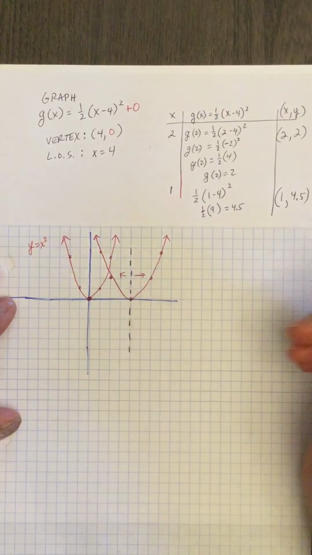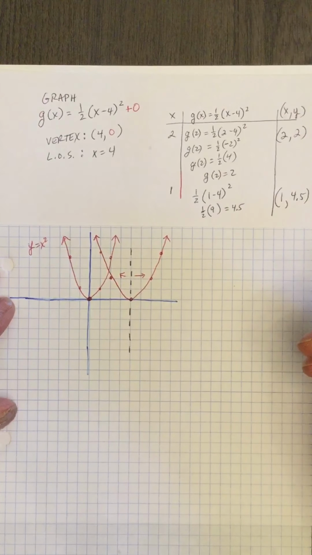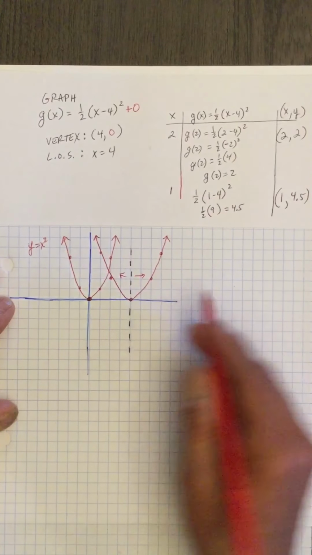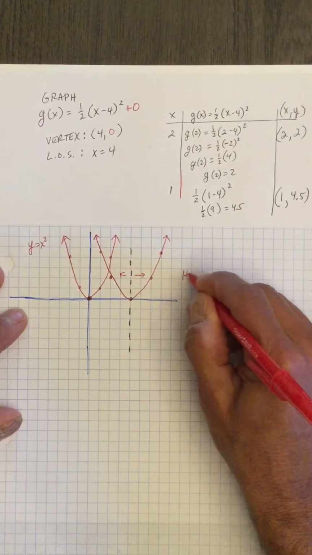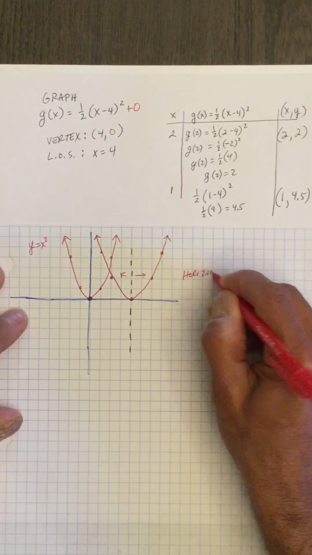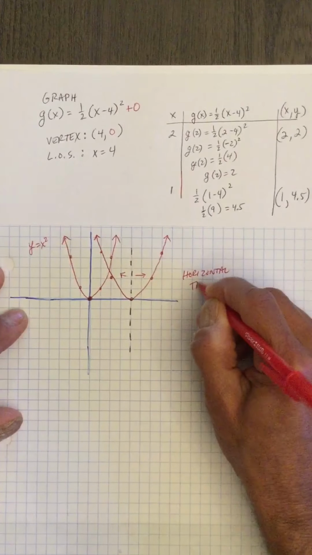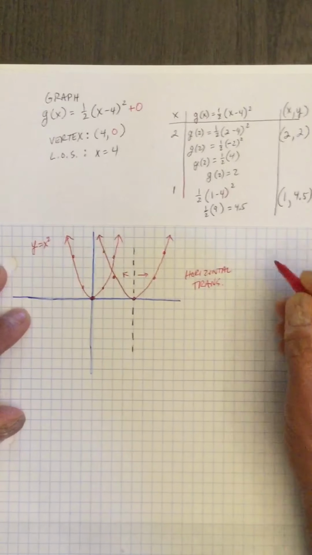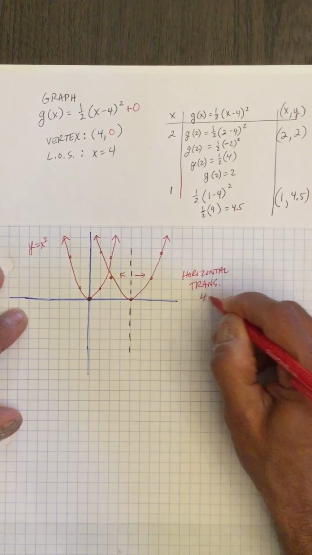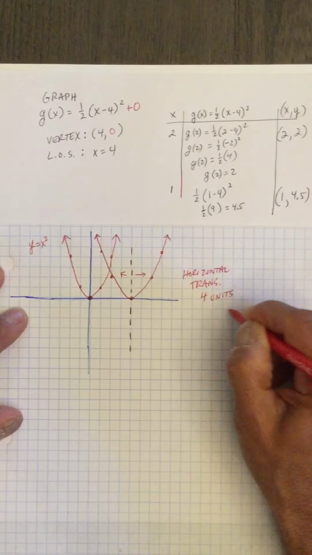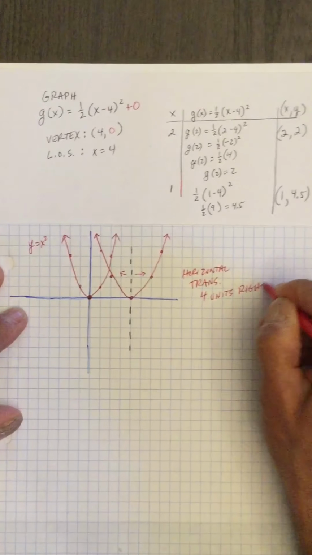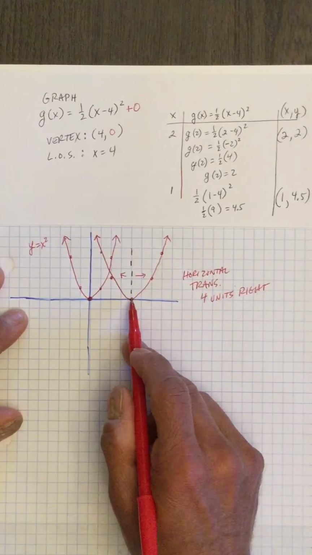And if I compare these two, what would you say? Well, we have a horizontal translation, 4 units right. Basically, the graph moved to the right.